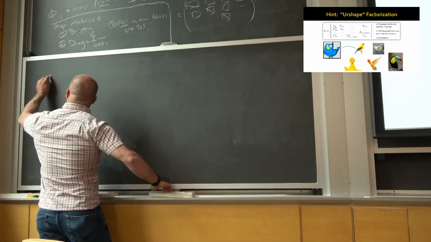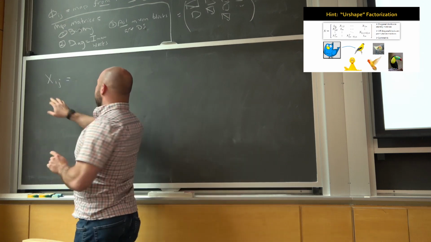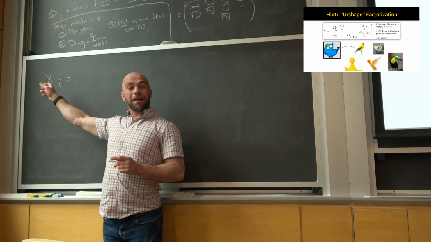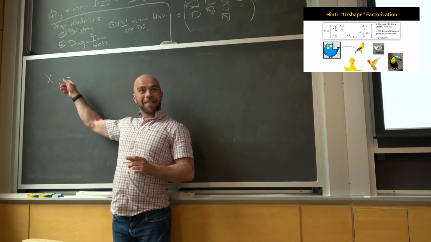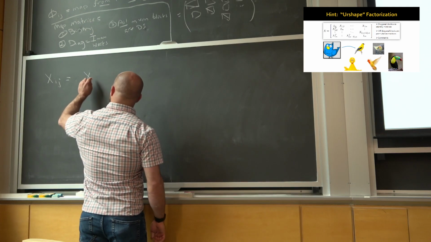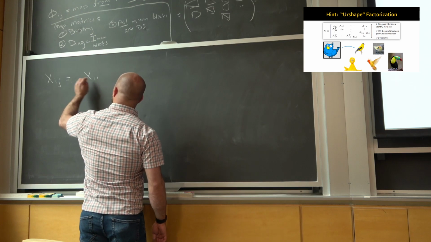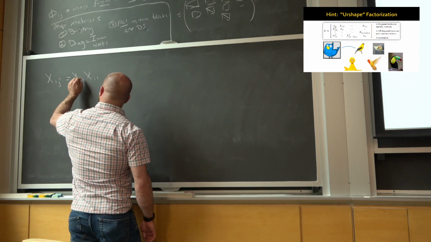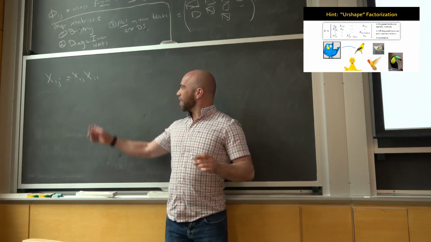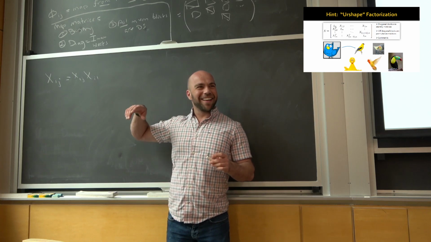For any block X_ij, this notation here is going to be the block corresponding to the map from i to j. I can always write it as the map from i to 1 and then from 1 to j, right? So in other words, I guess it'll be i to 1, 1 to j, like that. You can see why the indices are annoying to get right.